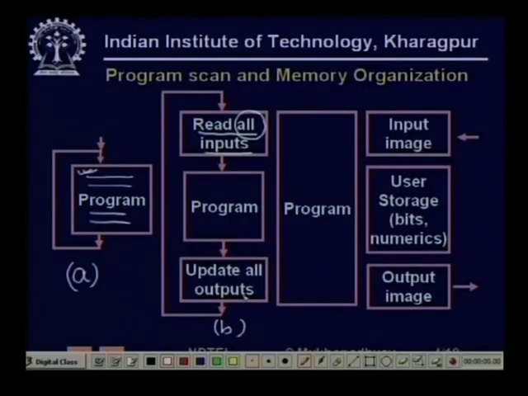So, this is a major difference with any standard program which you could write in a microprocessor. In a microprocessor you could write a program where the various processing statements, addition, subtraction, multiplication, comparison, whatever you have, you could intersperse them with the input and the output statements, but typically in PLC execution that does not take place.